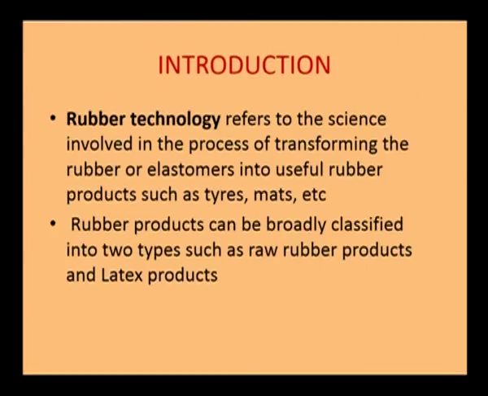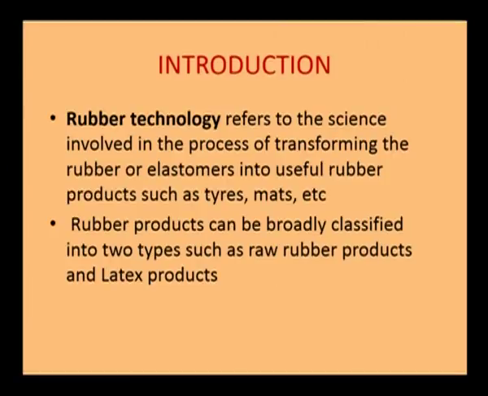To start with, we will see the introduction of latex technology, or specifically rubber technology. Rubber technology refers to the science involved in transforming natural raw rubber into useful rubber products. The useful rubber products include mats, pillows, mattresses and tires.